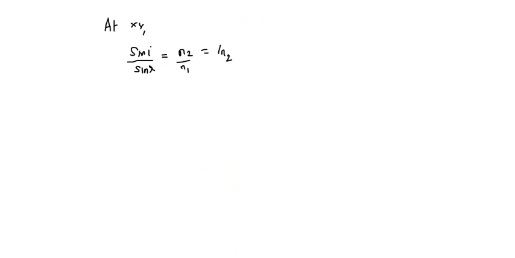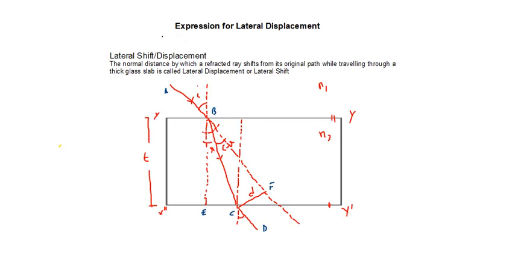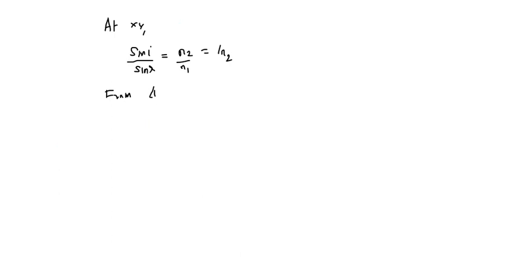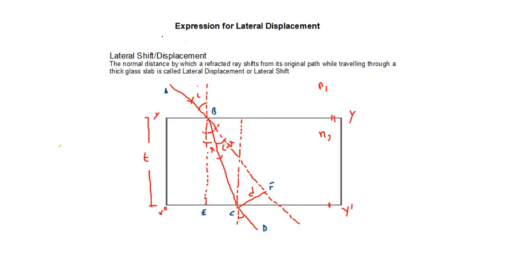Okay. So, from triangle BEC, we can write cos of R. Cos of R would be base by hypotenuse. So, this is base, hypotenuse.